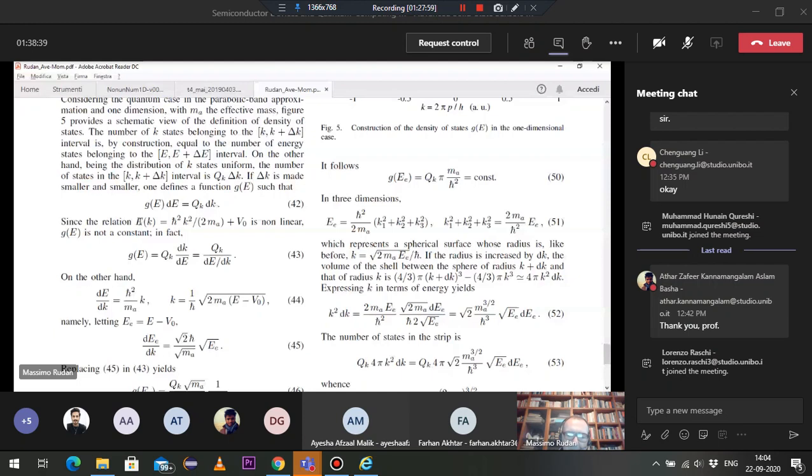It can be demonstrated that K is related to the average momentum. You remember K is proportional to the average momentum. And the factor of proportionality is the Planck constant divided by 2 pi. Okay, so you see it in the caption of the figure here.